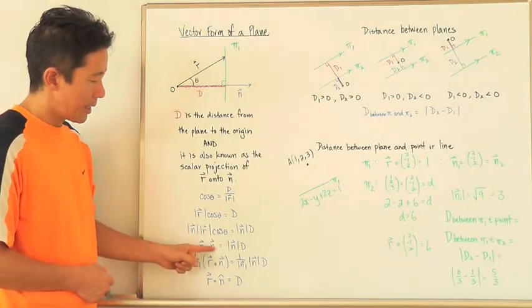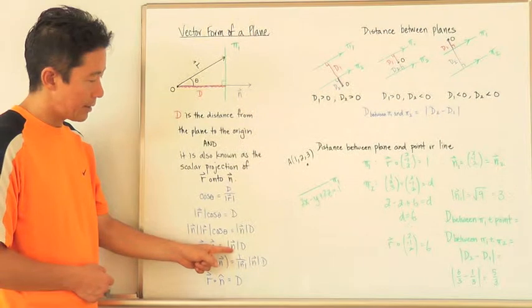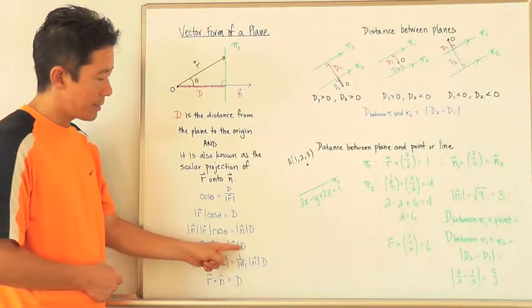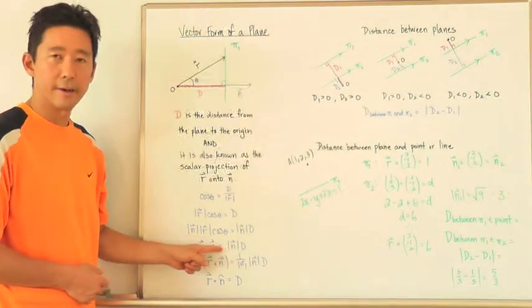So notice that r dot n gives us the magnitude of n times d, which is just a constant.